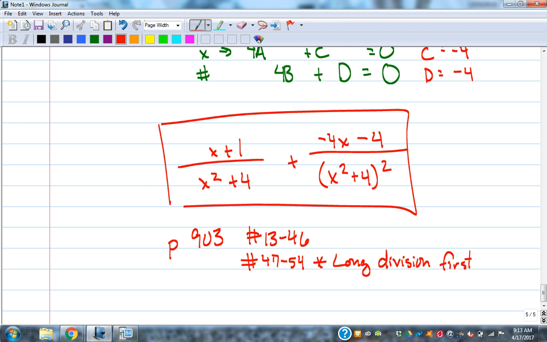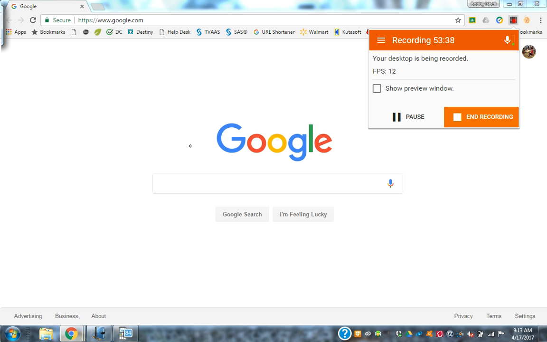Just do a few of those and make sure you do those. They're not overly complicated. The long division we've done before, so that part shouldn't be a big deal. The remainder is what you'll decompose after you've done the long division. That's why I ask you to practice it.